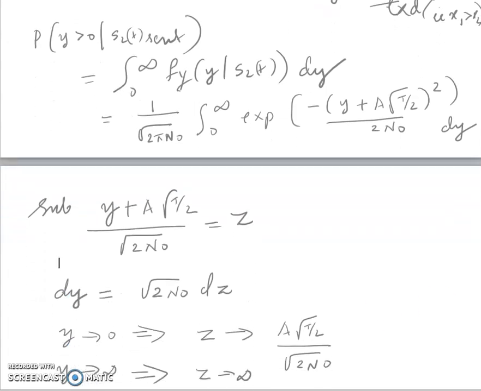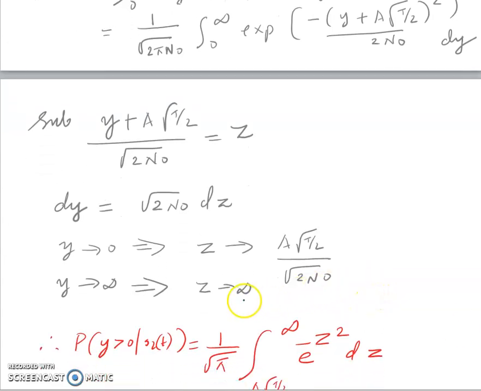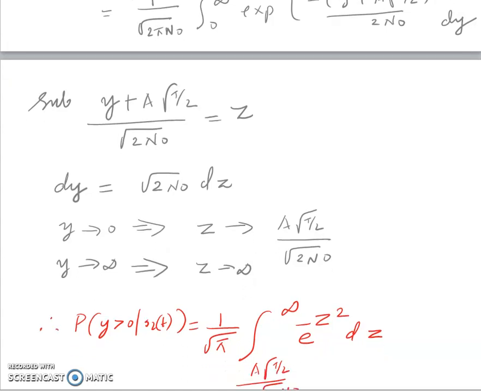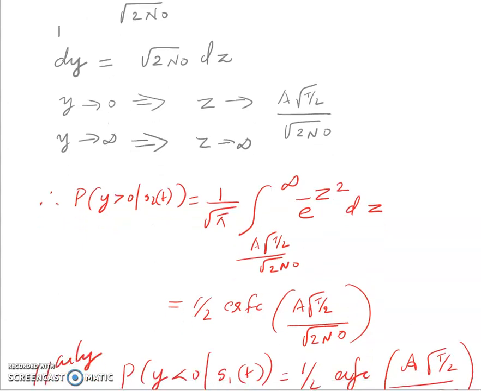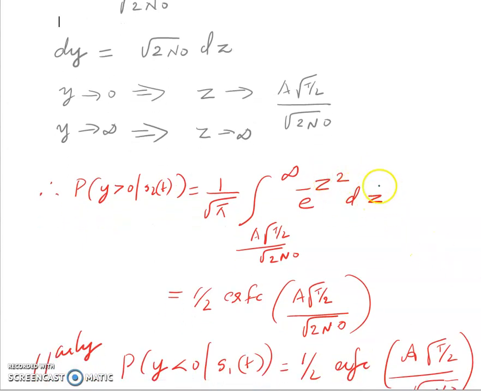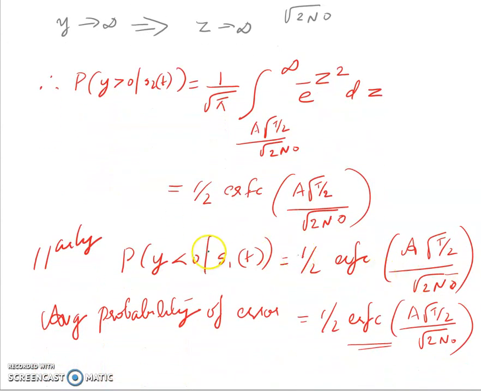So, you have dy equal to this, and y tends to 0 gives z equal to this, and y tends to infinity gives z equal to infinity. With this substitution, you will get the standard expression of erfc, that is 1 by root pi times the integral from x to infinity of e raised to minus z square dz, so that you can write in terms of the error function of the lower limit. Okay, so this is for the first condition, the error when s2(t) is transmitted.